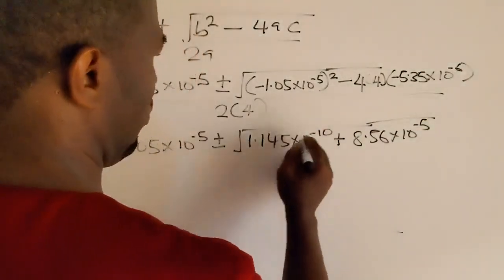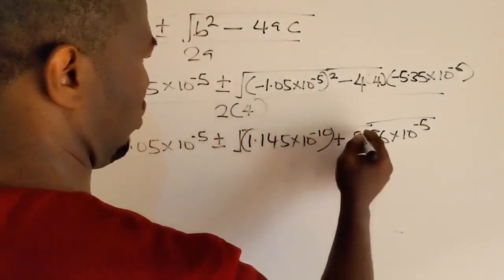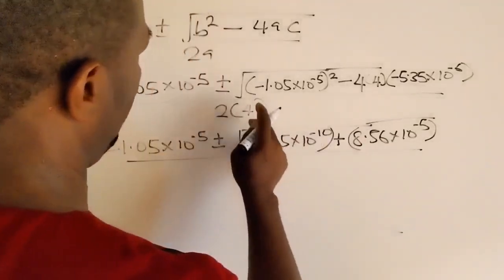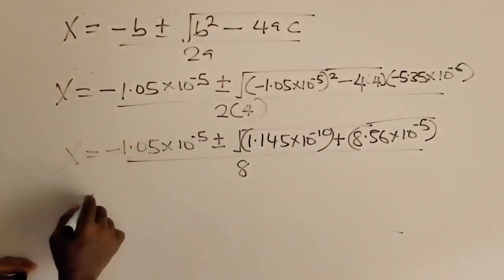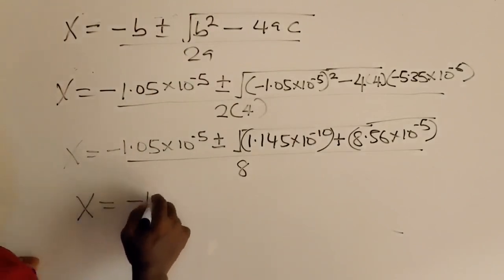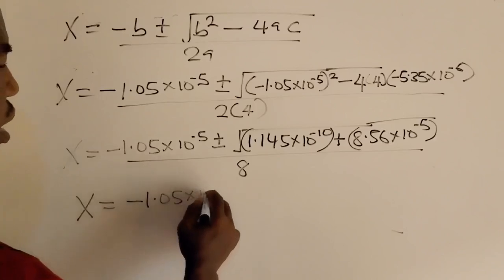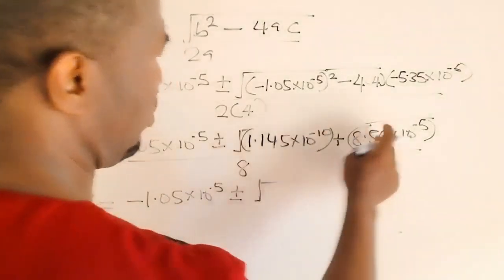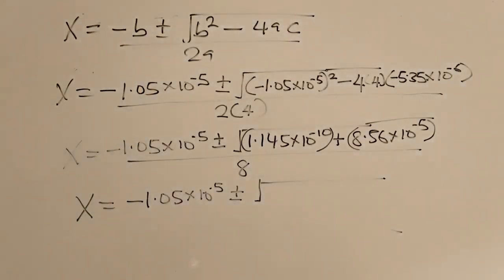You can put this in bracket and this one also in bracket, all over 2A, 2 times 4 is 8. We continue solving. We have minus 1.07 power minus 5 plus or minus the square root of these two values added inside the bracket, which gives us around 8.56 to the power minus 5.